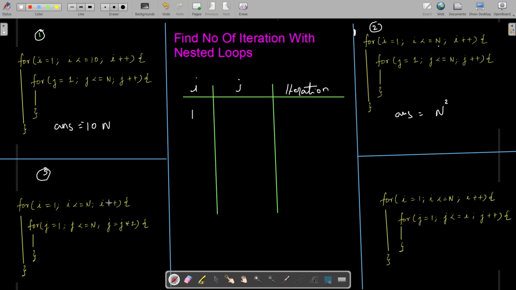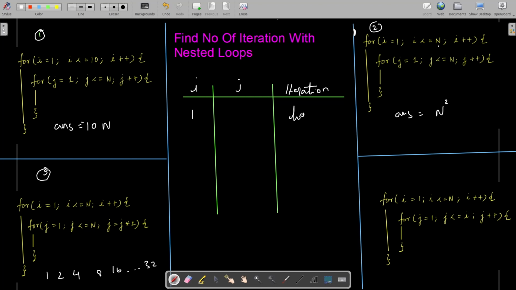From 1 to n, how many steps will it take? Every time it's multiplied by 2: 1, 2, 4, 8, 16, till let's take 32. We have seen this derivation in log basics, right? So the j loop will take log n.